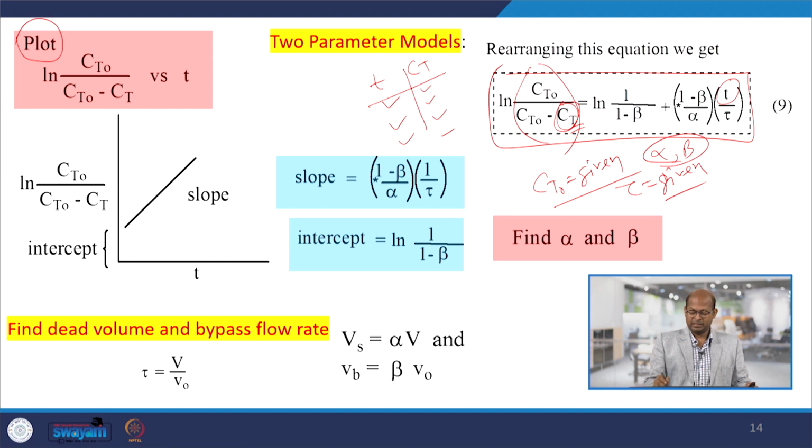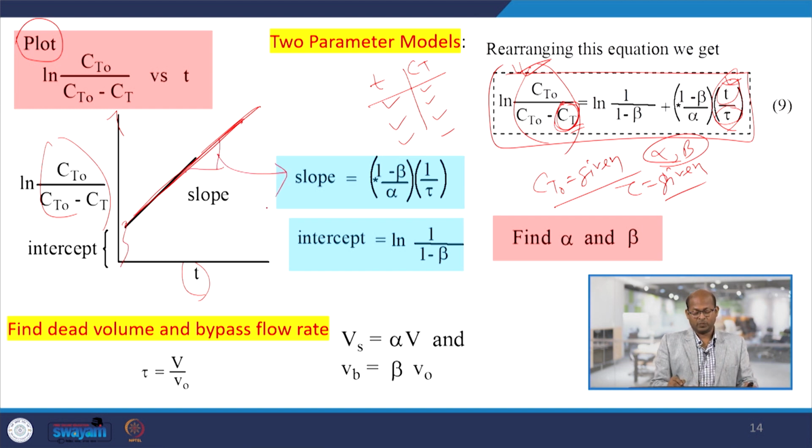In this equation, the left-hand side has ln of Ct0 by (Ct0 minus Ct), which we plot on the y axis, and on the x axis we plot time, since t by tau is on the right-hand side. Then we get these lines. Ct0, Ct, t and tau are given, so we get this plot. This is the intercept and this is the slope.